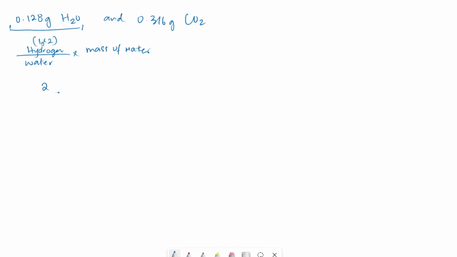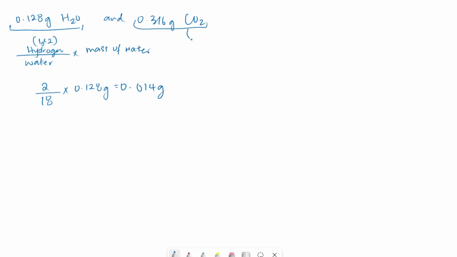So that would be 2 over 16 plus 2, which is 18, multiplied by 0.128 grams, and that would give you 0.014 grams. So that means hydrocarbon Z had 0.014 grams of hydrogen.